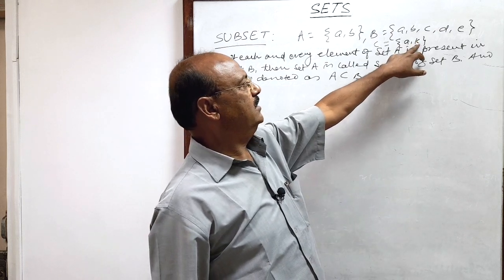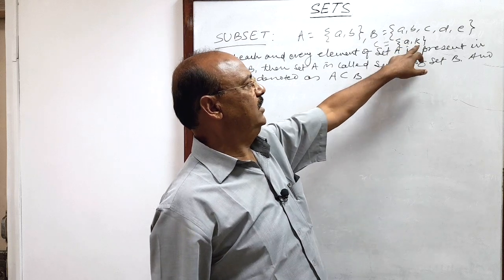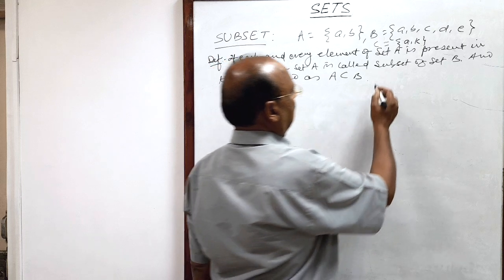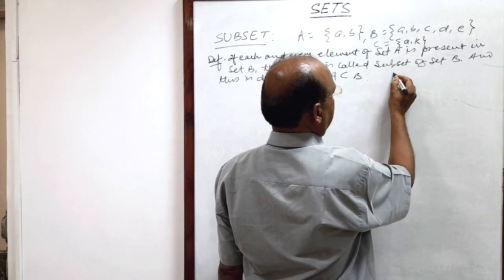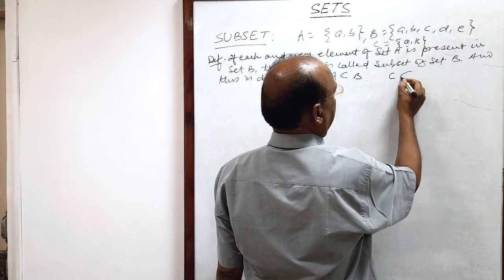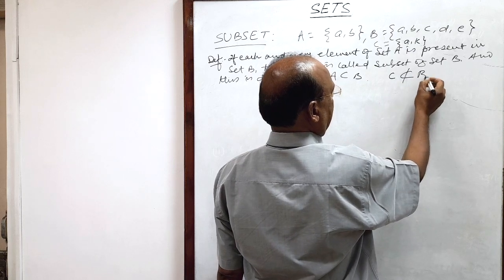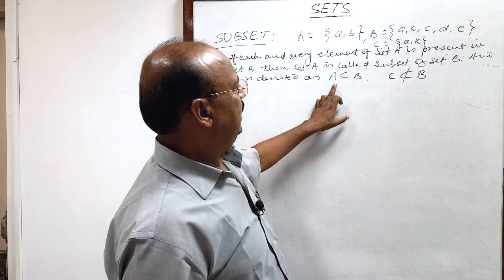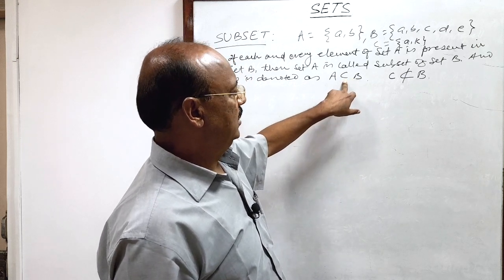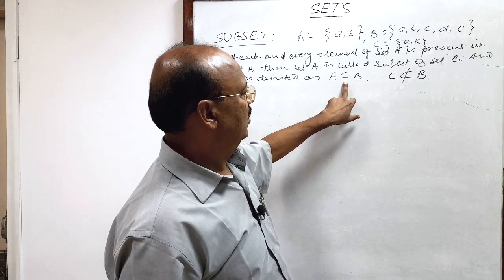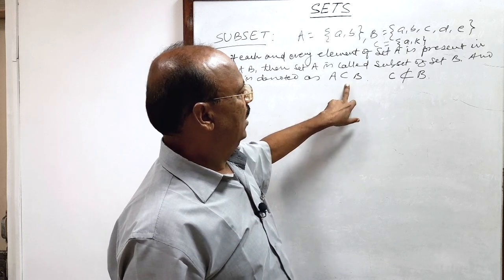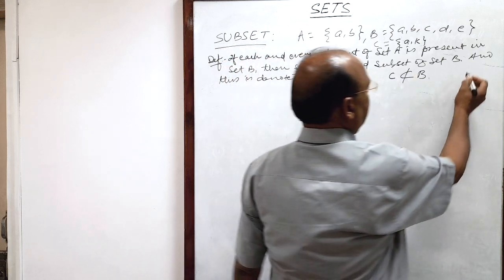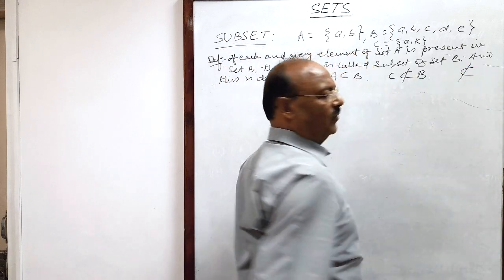Because here k is an element of set C which is not present in set B. So set C is not a subset of set B. If A is a subset of B, we represent it with this notation, and if any set is not a subset, we use this notation to show that.